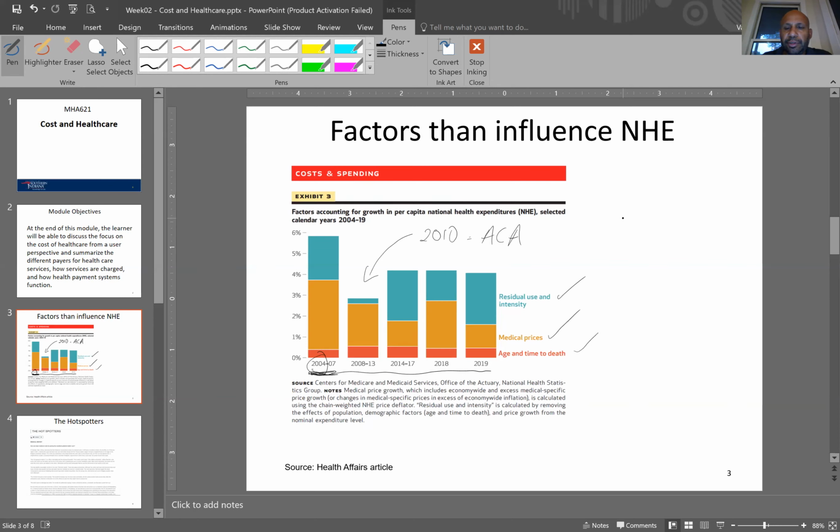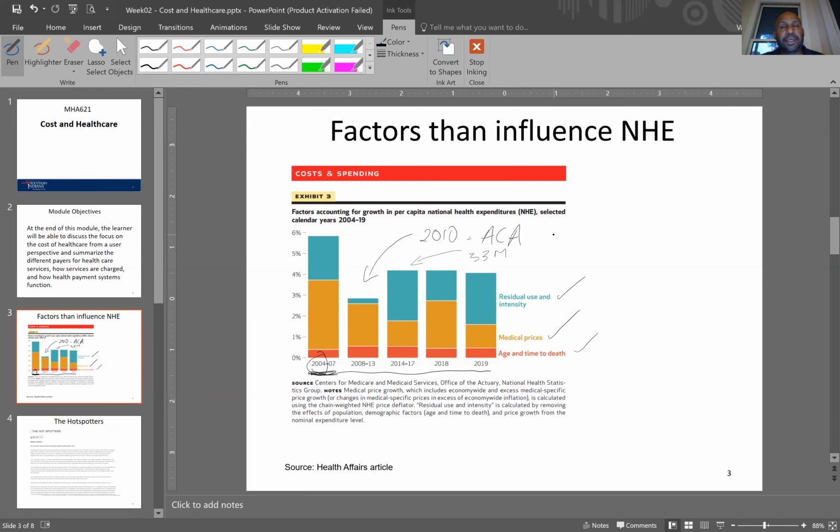You can also see the residual use and intensity before the enactment of the Affordable Care Act, and then it really drops down considerably within the 2008-2013 timeframe. It goes up again from 2014 on, which is when a major provision of the Affordable Care Act took effect, and we had 30-something, now about 33 million Americans who have access to care.